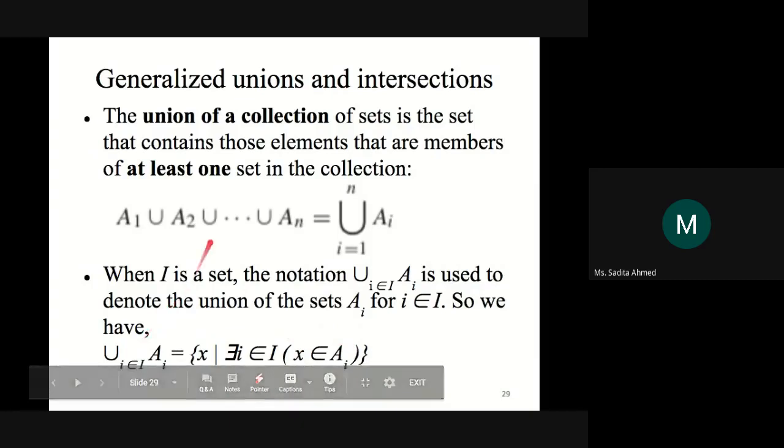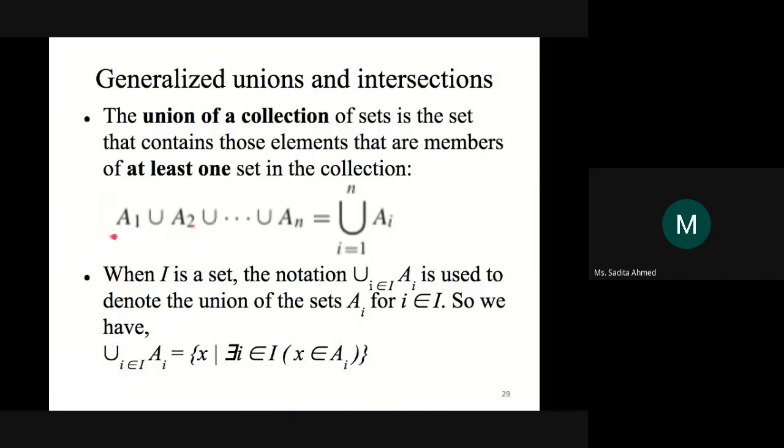That is what we mean when we say that x has to be in at least one of these sets, right? If I represent it generically, x has to be in at least one Ai where i represents 1, 2, 3, 4, 5, 6, and so on until n, right?